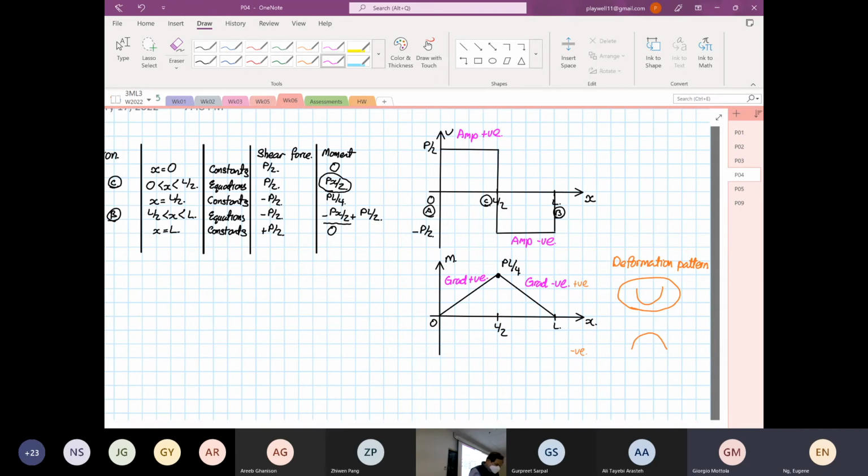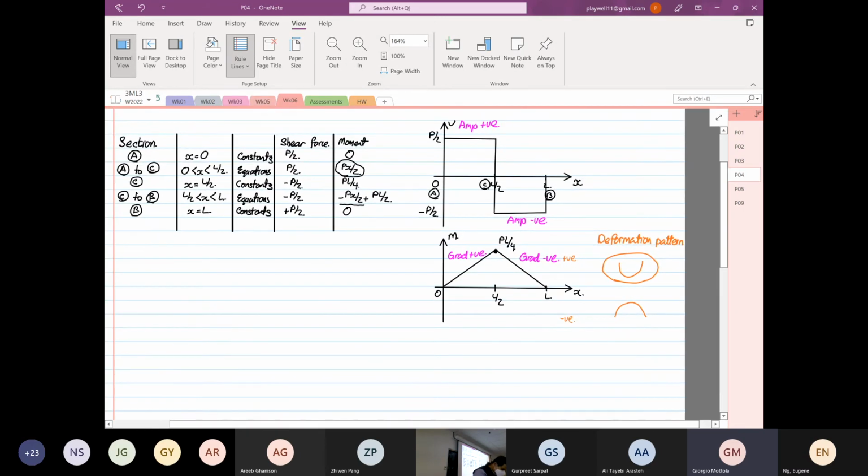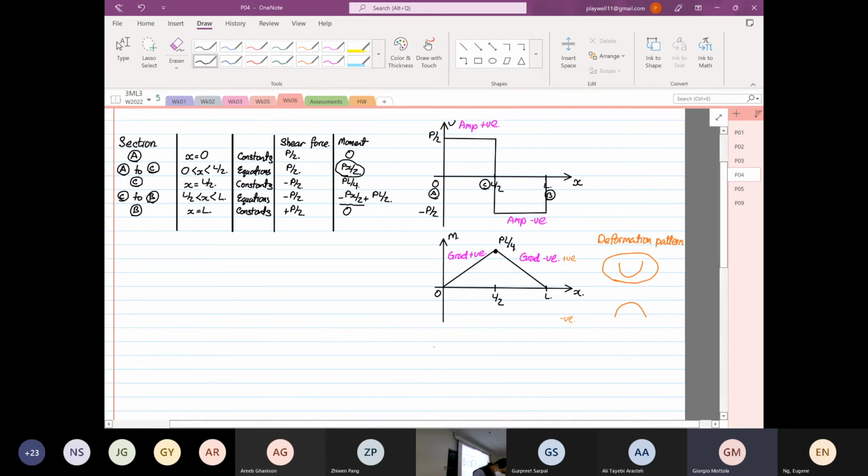So I will write this down. When the amplitude is positive in the shear force diagram, the gradient is positive in the bending moment diagram.